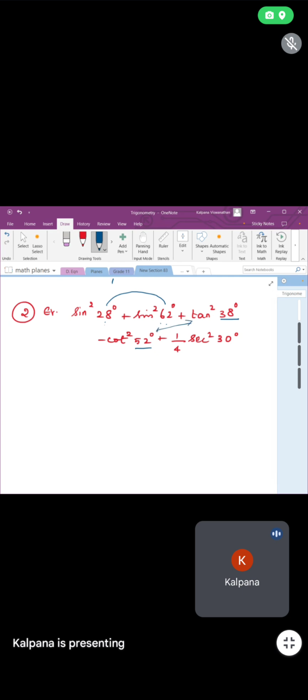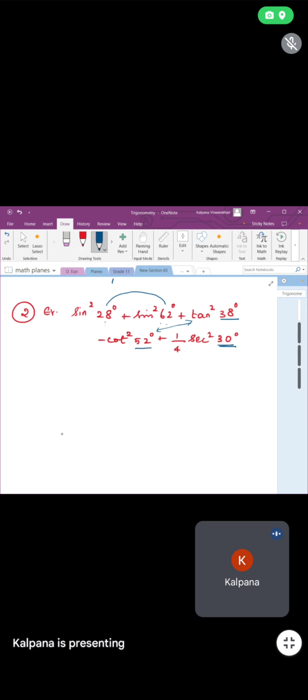What about secant square 30? 30 degree, 30, 60, 90 and all these are standard angles. We have to remember the values of standard angles. Standard angles we will not check with complementary. Standard angle is separate.